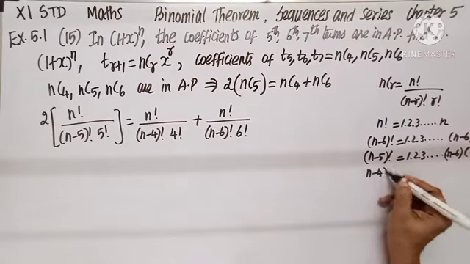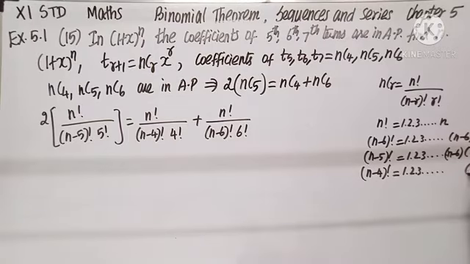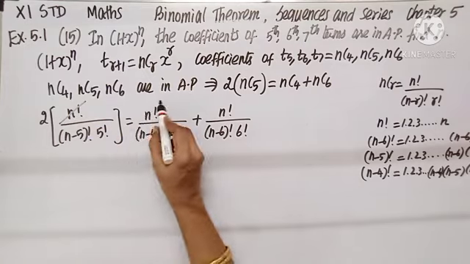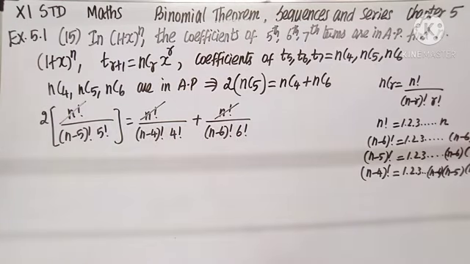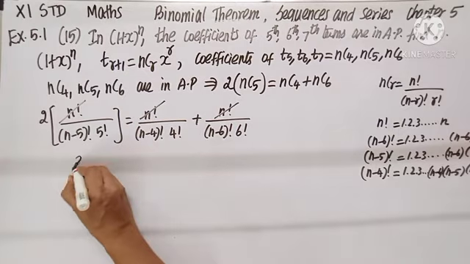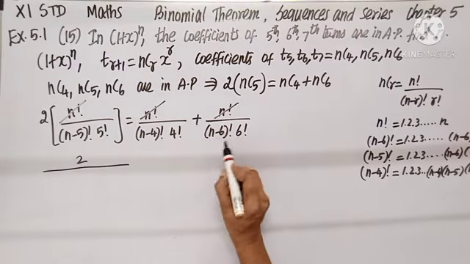What about n minus 4 factorial? 1, 2, 3 up to n minus 4, previous term n minus 5, previous term n minus 6. In the way, all the n factorial common, so we can cancel.